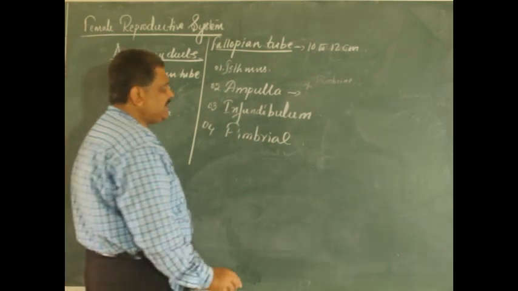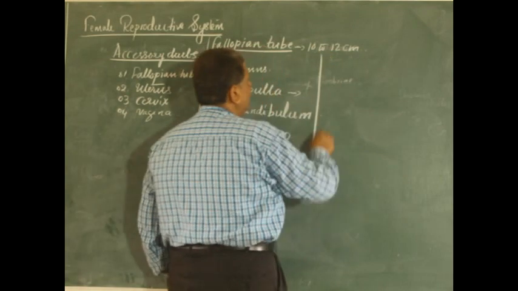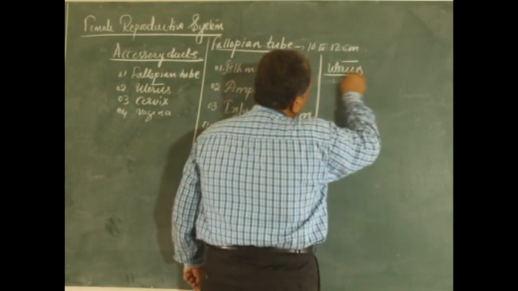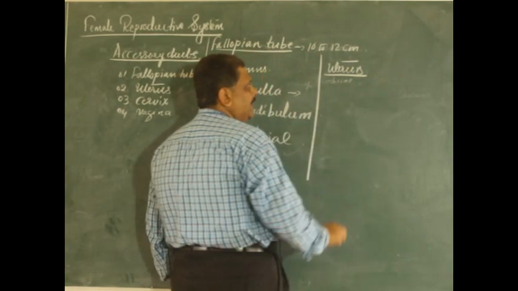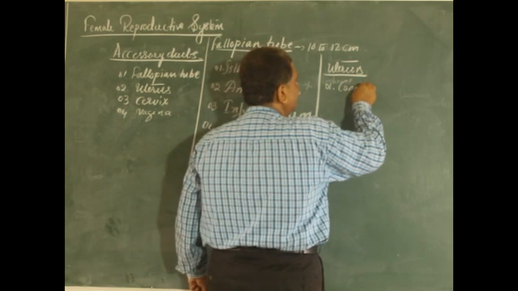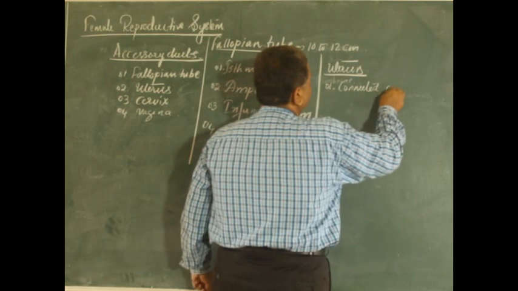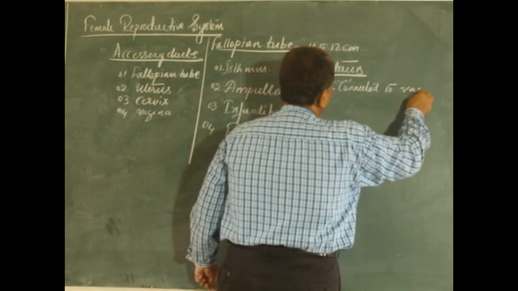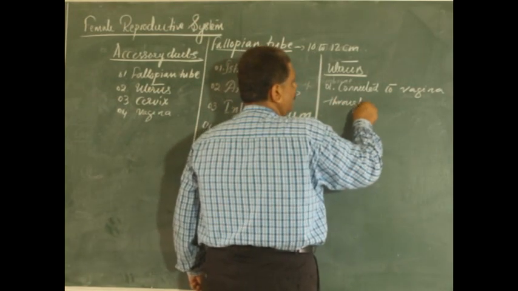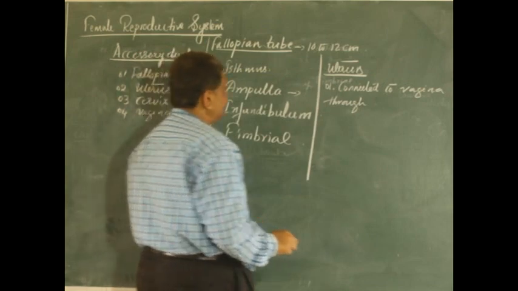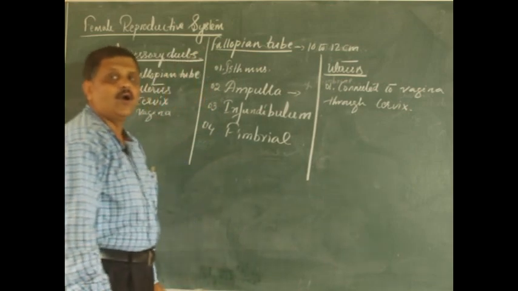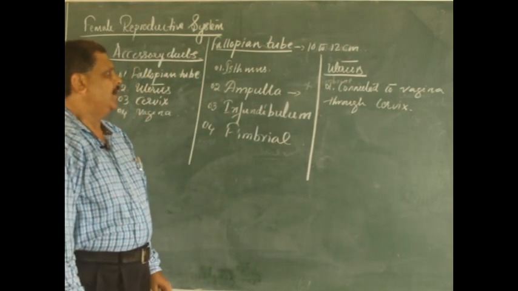And after this, let us concentrate on the uterus. This part is connected to the vagina through the cervix, or it is also called cervical canal.